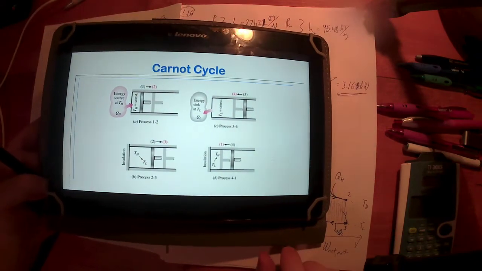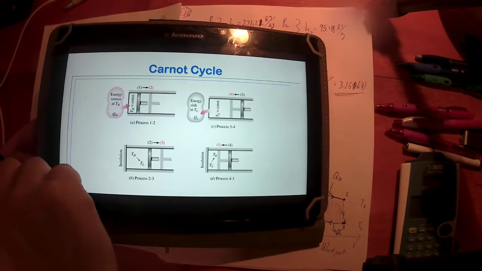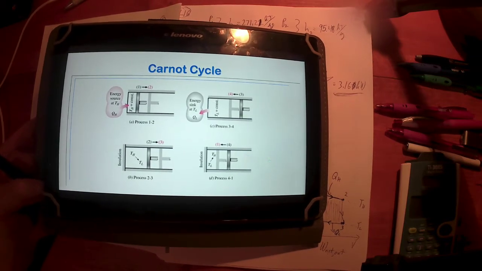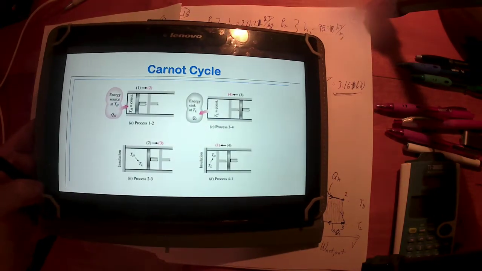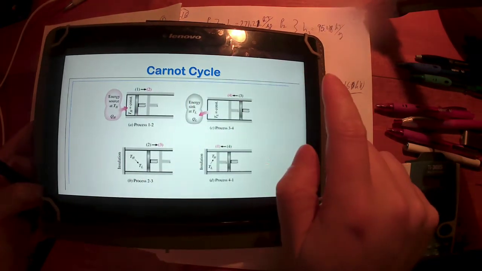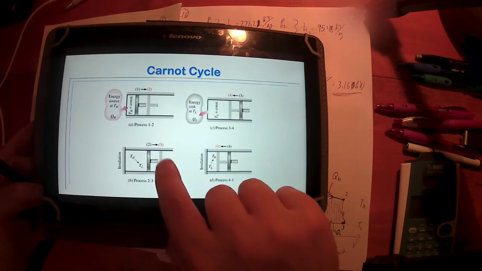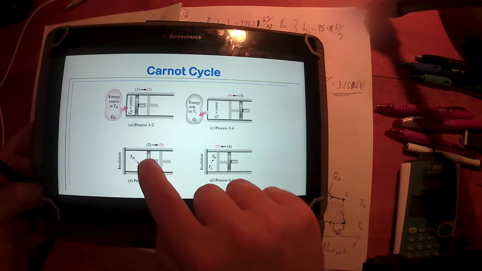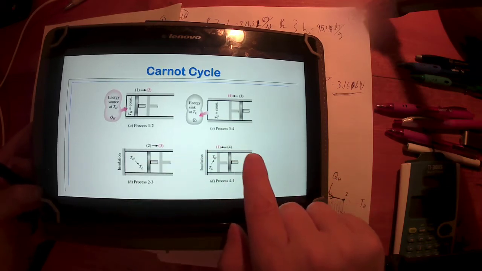Now, we don't have anything that operates in a Carnot cycle. The closest thing we could think about is using a piston cylinder that we expose to a high temperature heat source and allow it to absorb heat while it expands, and then insulate the whole thing, remove the heat source, and allow it to expand a little more, going to a lower temperature state.